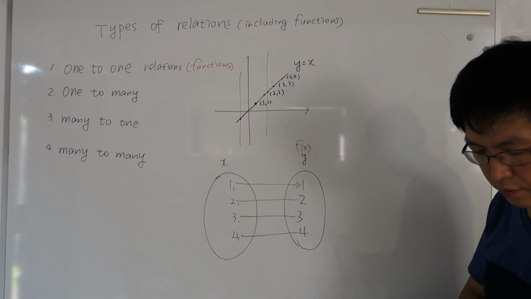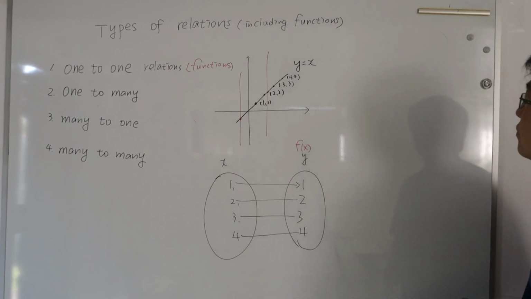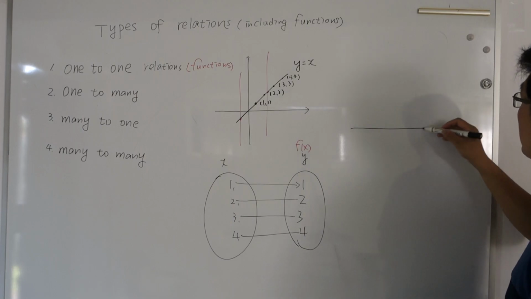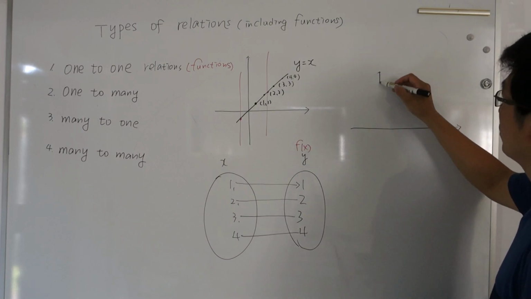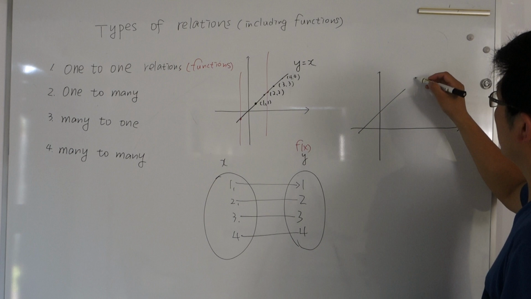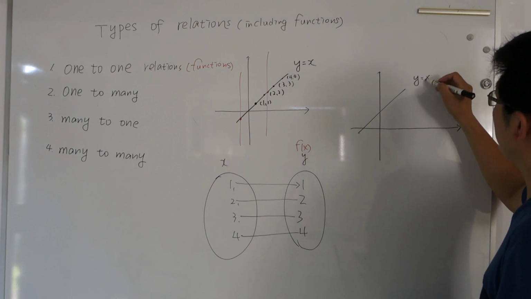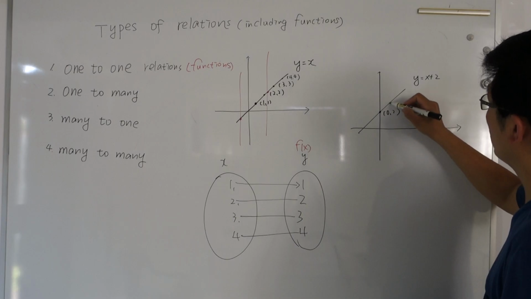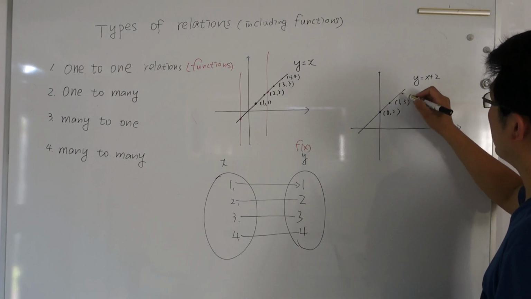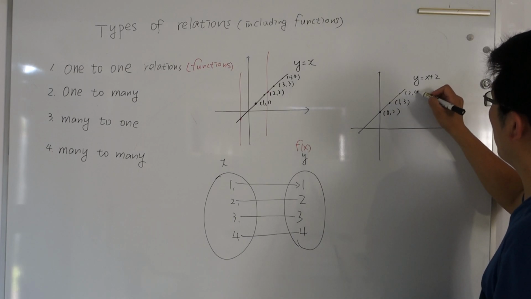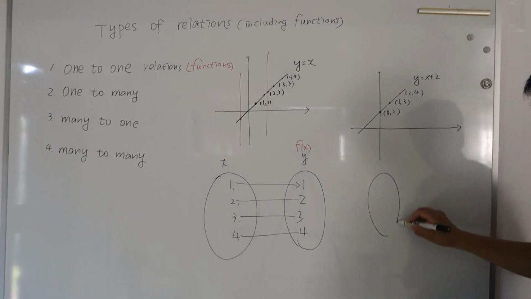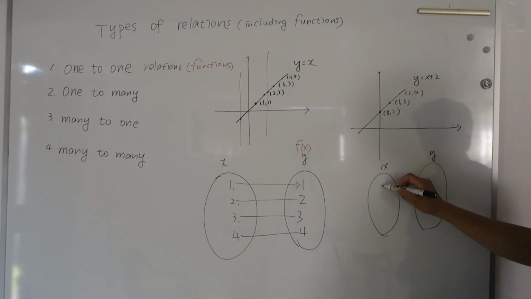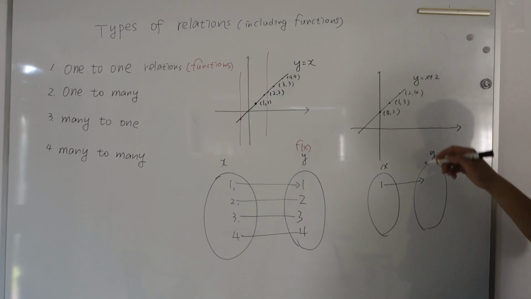More examples. For example, this one: y equal to x plus 2. Therefore, here is (0, 2), (1, 3), (2, 4), right? For this one, when x equal to 1, y equal to only 3.